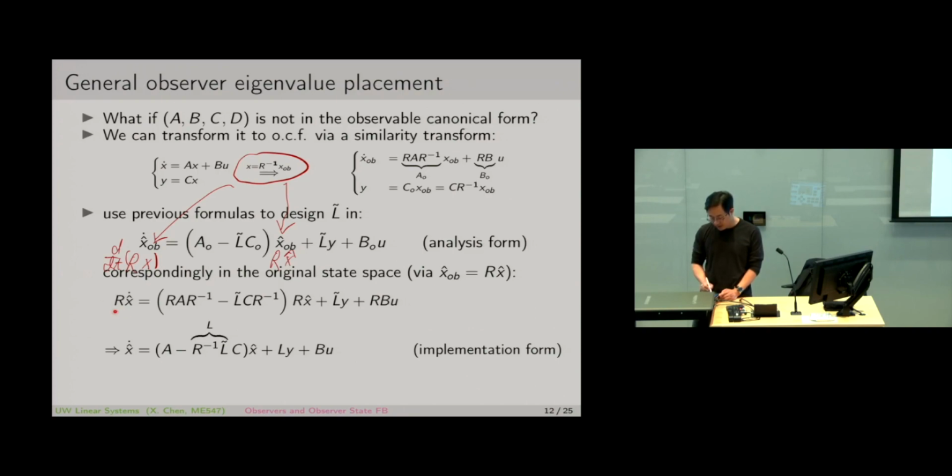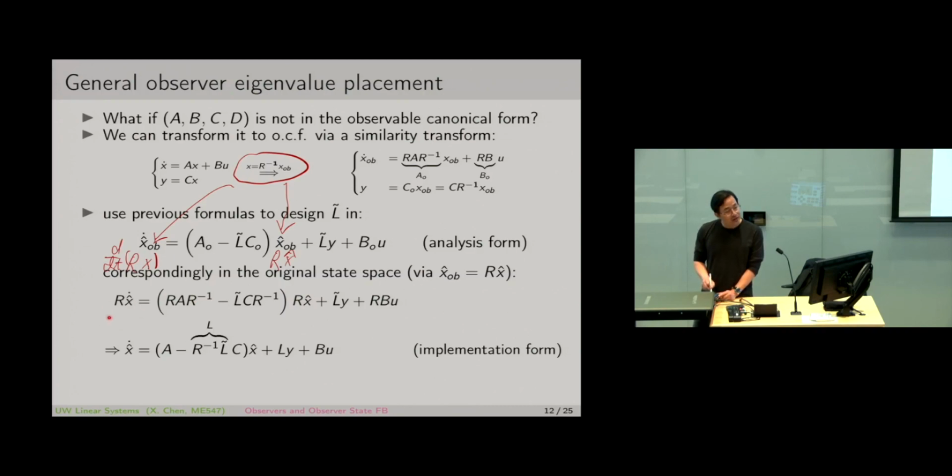This is very easy to do. Just multiply R inverse on the left. Then the right-hand side becomes, this is gonna get canceled, and then L tilde in the front is gonna be multiplied with R inverse. And this R inverse over here is actually going to disappear as well because they multiply with this R over here.